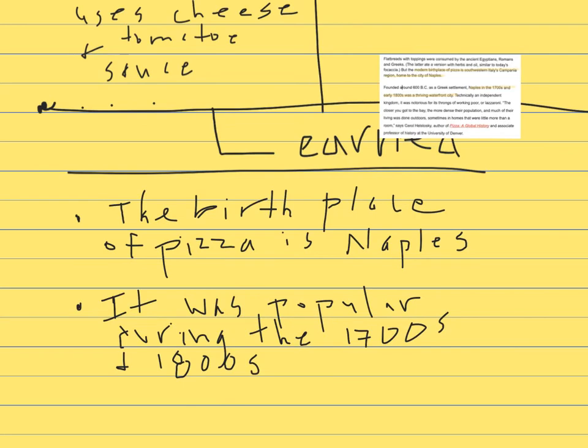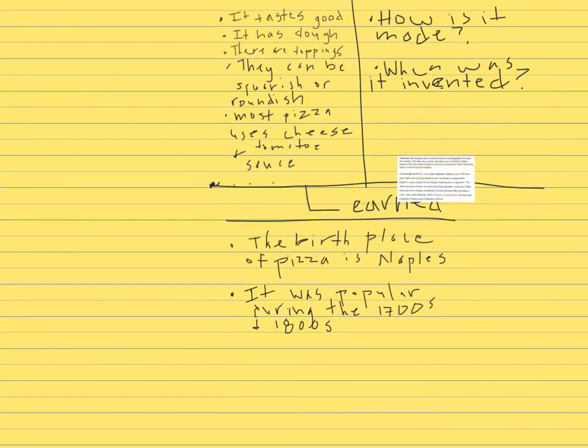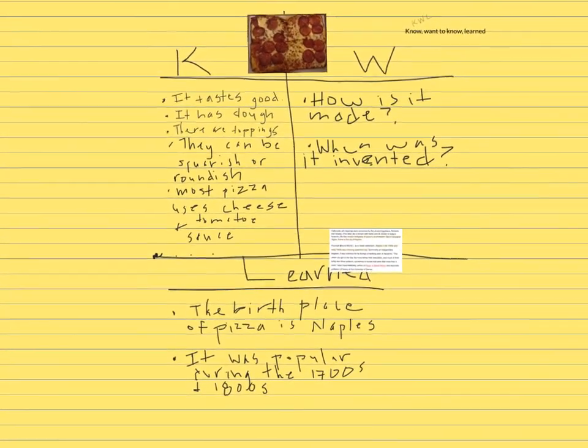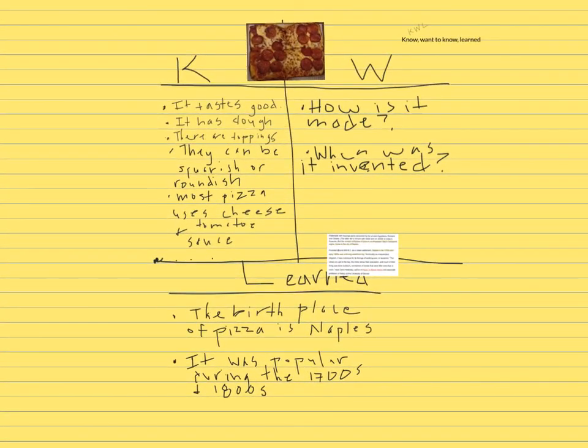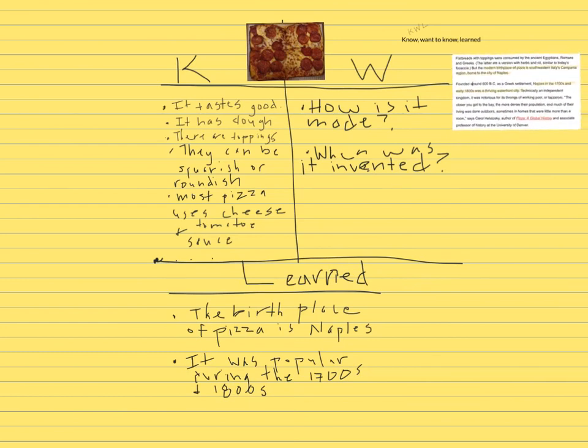All right. And then if we zoom out from here, and we take a look, move this article over here. That's what the article looks like. Okay, we have our know, want to know, and what we learned.